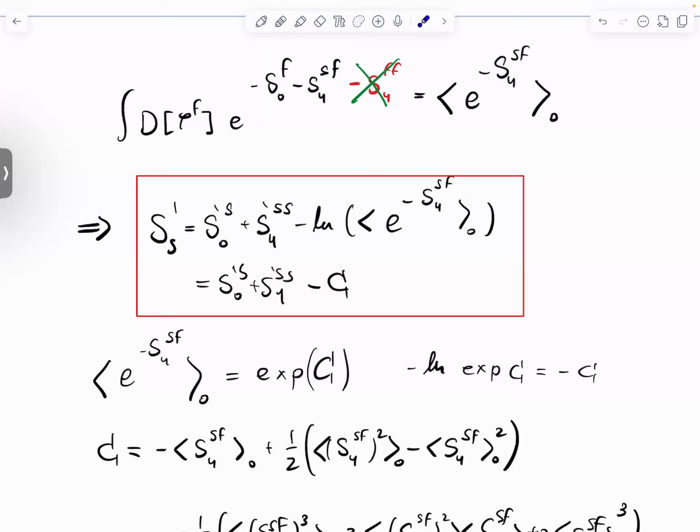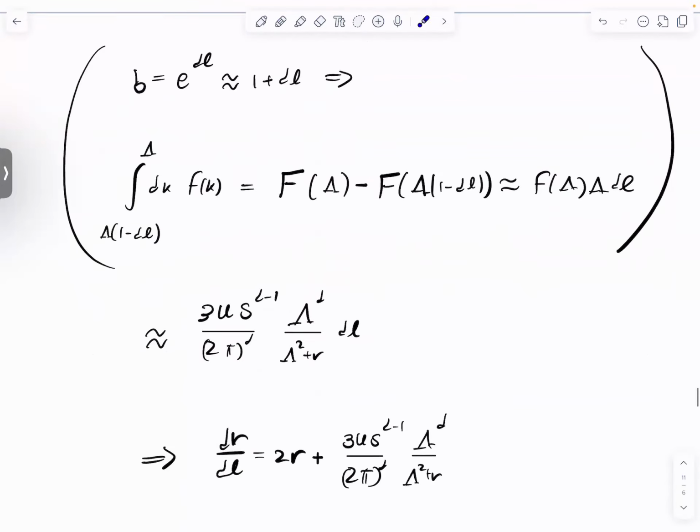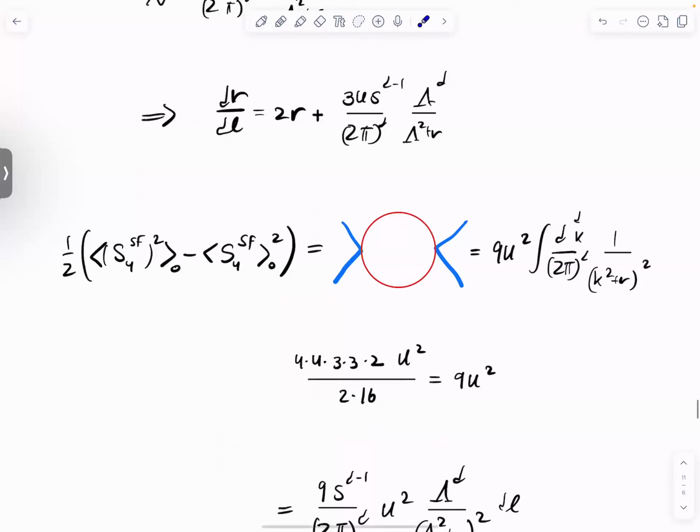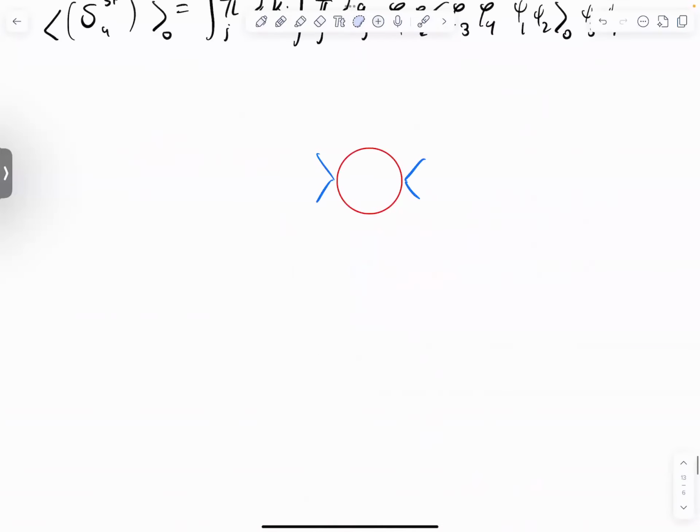Wait, so the point is, good. There is a divergence here lurking in darkness. Let's look at this diagram for a moment. This is what you call dimensional analysis.